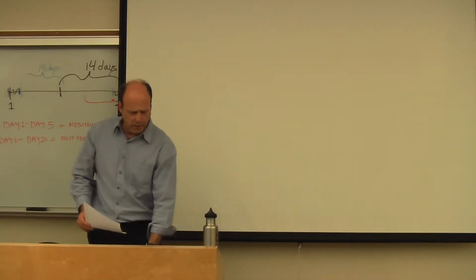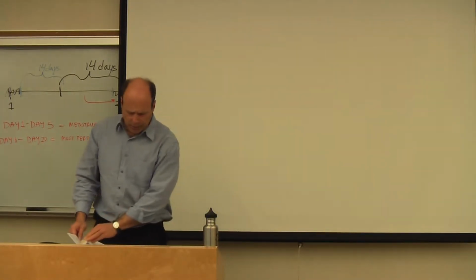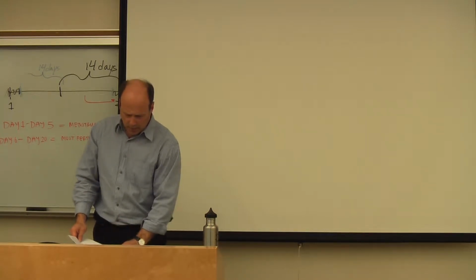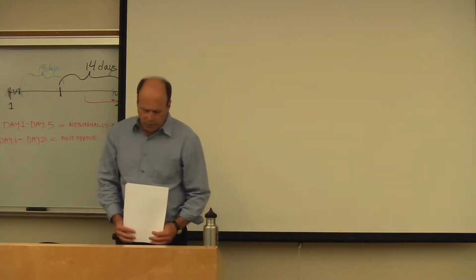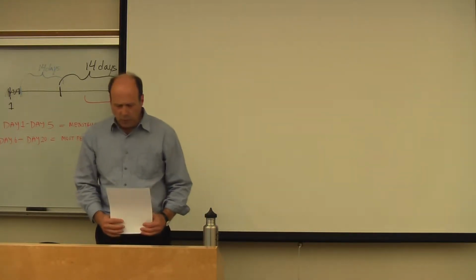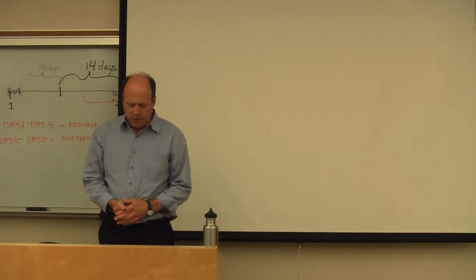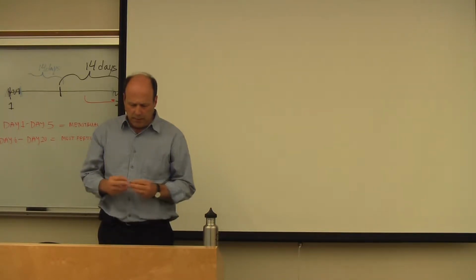Okay, so we're trying to get to figure 3. We could also look at figure 2. So there's the maturation of the follicle. When we're talking about follicles, we're talking about the oocyte and its associated cells.